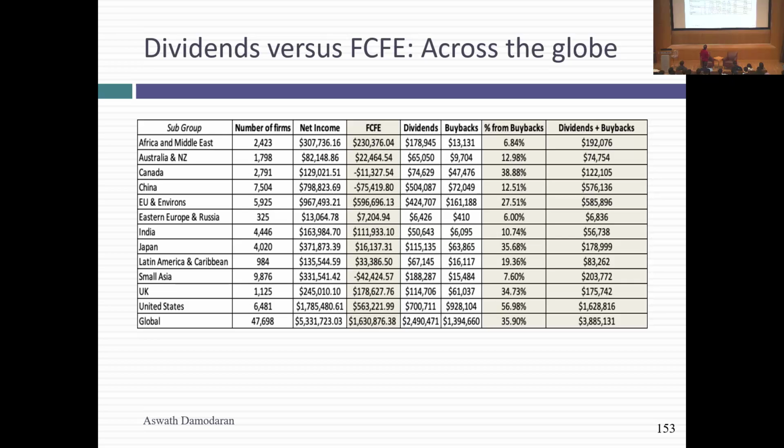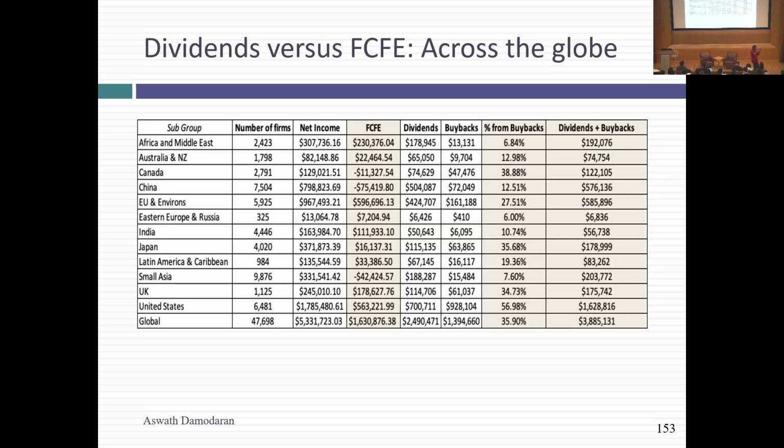The US had $563.7 billion in free cash flow to equity. US companies collectively, in dividends and buybacks, paid out 1.6 trillion in cash flows. Remember when we said that as companies approach maturity and go into decline, their free cash flow to equity starts to fall below the dividends and buybacks.